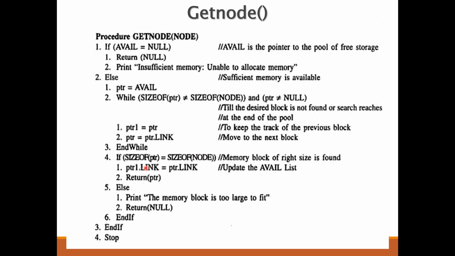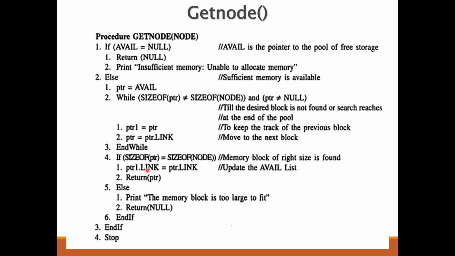There is another pointer variable, PTR1. It will point to the previous node. PTR1 link, at present, contains the address of the current node, that is our requested node.